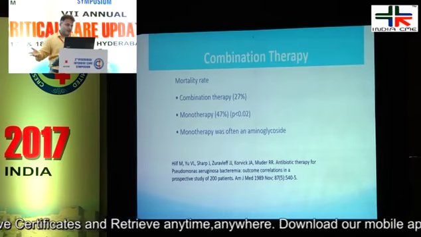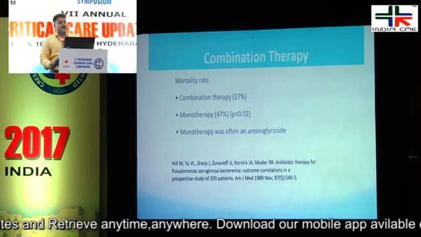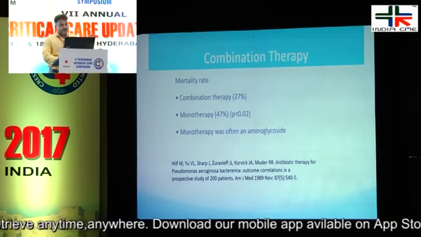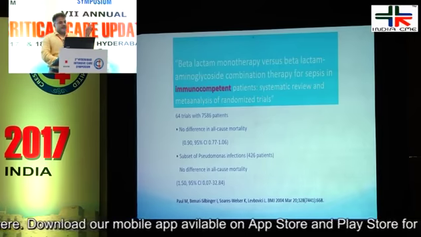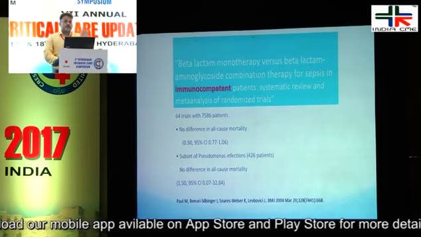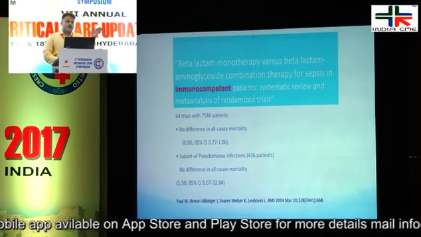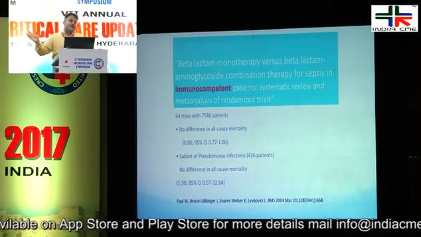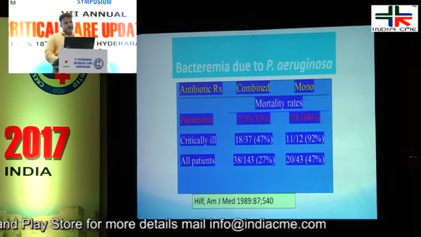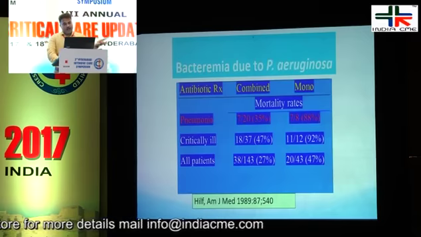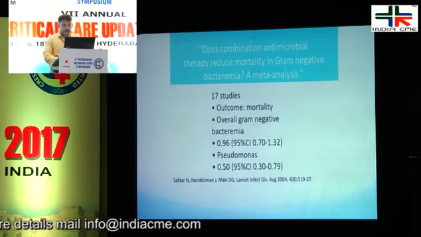Probably it was not a fair comparison. There is a definite advantage of combination therapy. But again, for beta-lactam monotherapy versus beta-lactam and aminoglycoside, there is no difference. But again, for pneumonia, as I said initially, there is a huge difference in outcome.